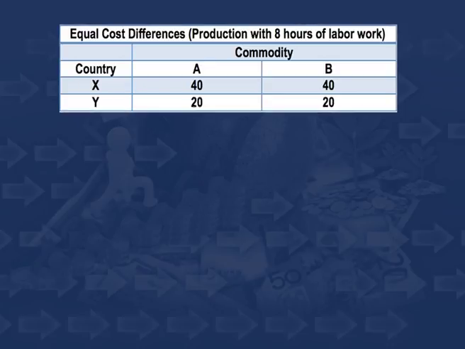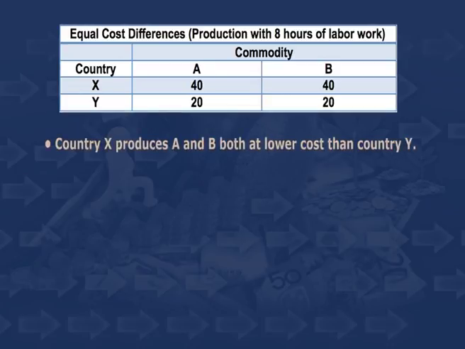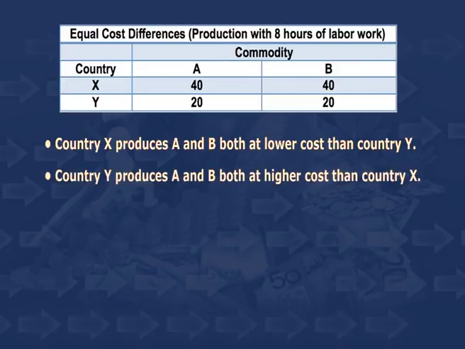Country Y can produce 20 units of product A and 20 units of product B with 8 hours of labor work. Country X produces A and B both at lower cost than country Y, and country Y produces A and B both at higher cost than country X.